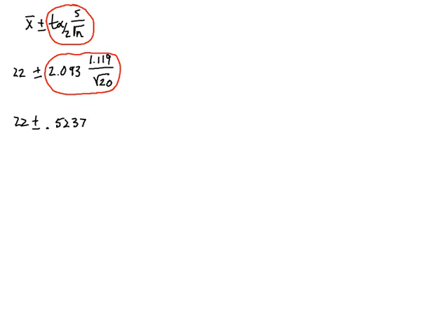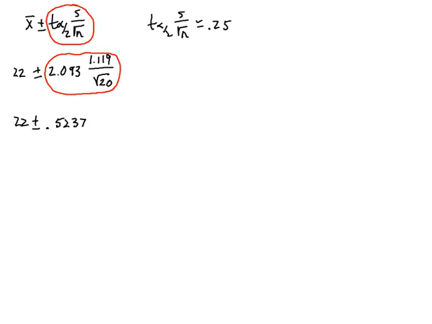But suppose that I would like to have a margin of error of no more than 15 seconds. That's about a quarter of a minute. Suppose that I want my margin of error to be equal to 0.25.